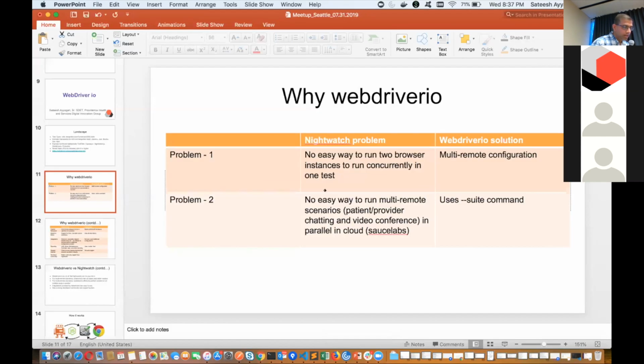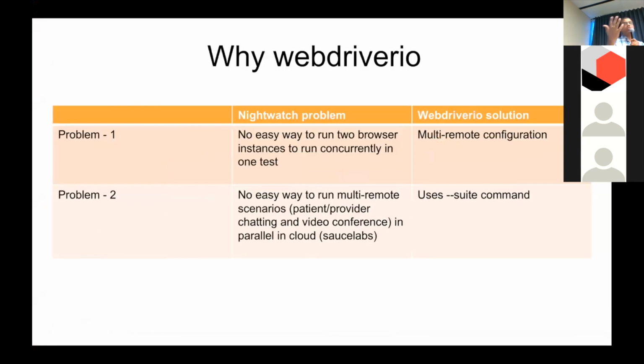And yeah, okay, now let's dive in. As I've just shown you, the main two reasons why you want to move towards WebdriverIO rather than preferring any other JavaScript testing framework: first, you want to be able to run scenarios, for example, in our company, we had the chatting application, and not only the plain chatting, there are more scenarios which deal with talking between two browsers, and that is what WebdriverIO calls multi-remote configuration.